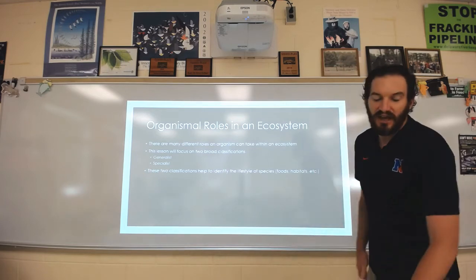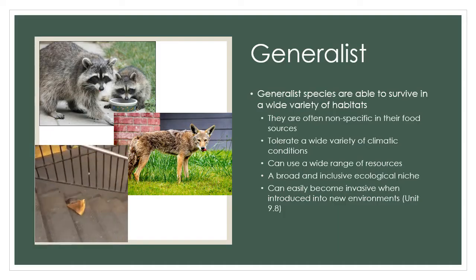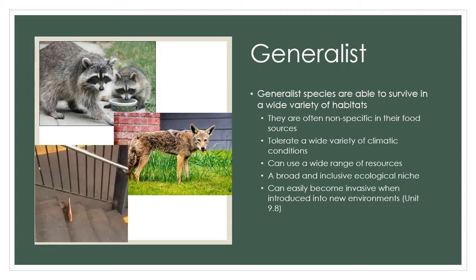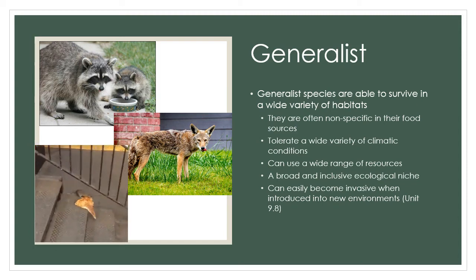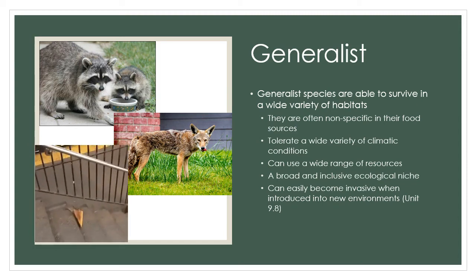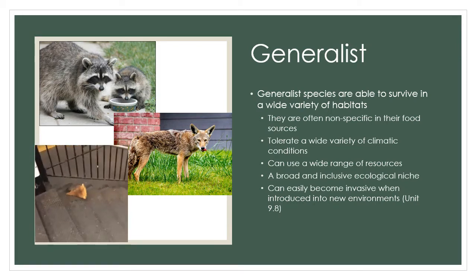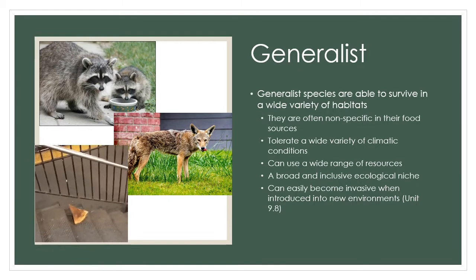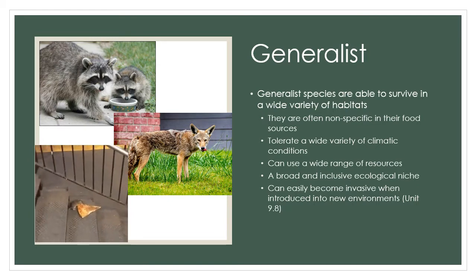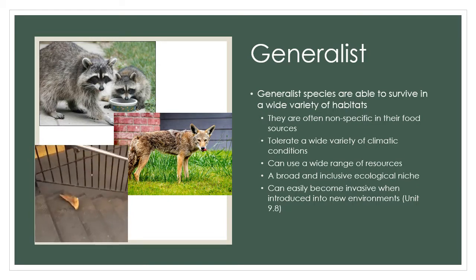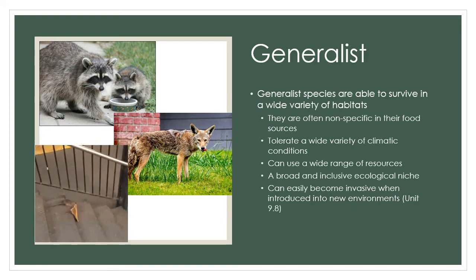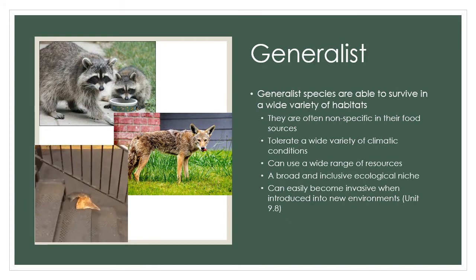So let's delve into generalists first. We're going to put that general descriptor in front of most of these things. They're able to be non-specific in their food selection, so they can take a broad type of food. They tolerate a wide variety of climatic conditions.